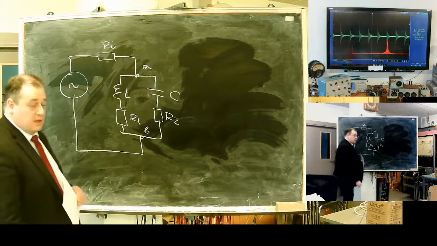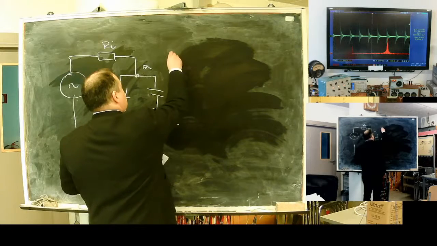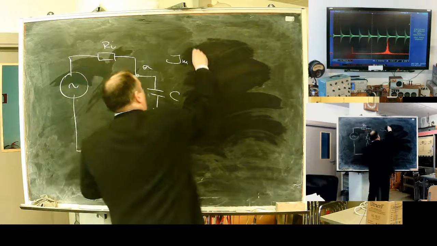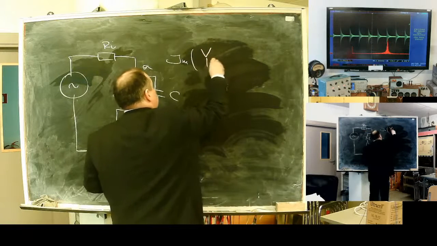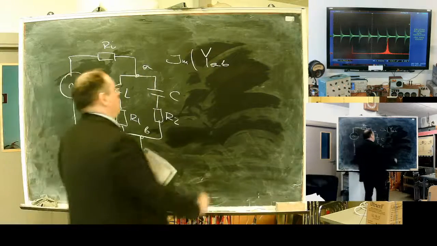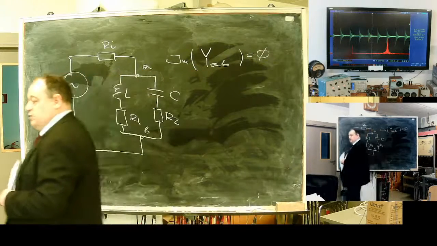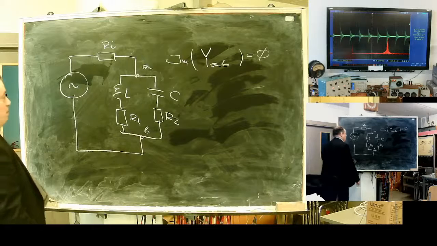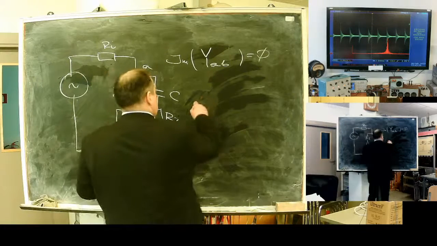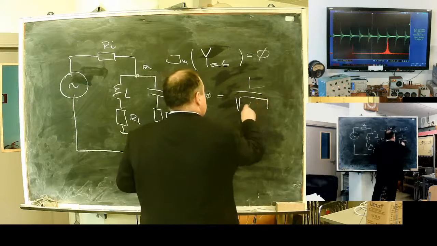If you remember the basics of electrotechnique, I can write down a condition that the imaginary part of the input conductance between A and B is 0. This will give me the frequency of current resonance, and it's again LC.